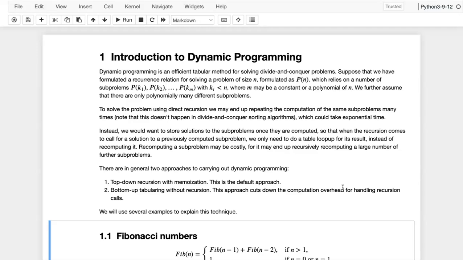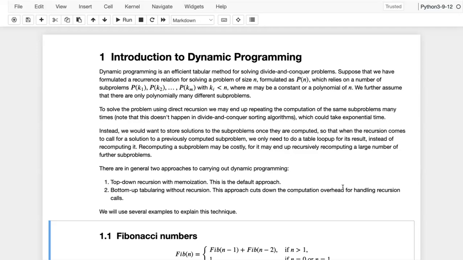By tabular methods, it means that we're going to create a table and then fill in intermediate results. And this process of making a table is called programming, before computer programming was invented.